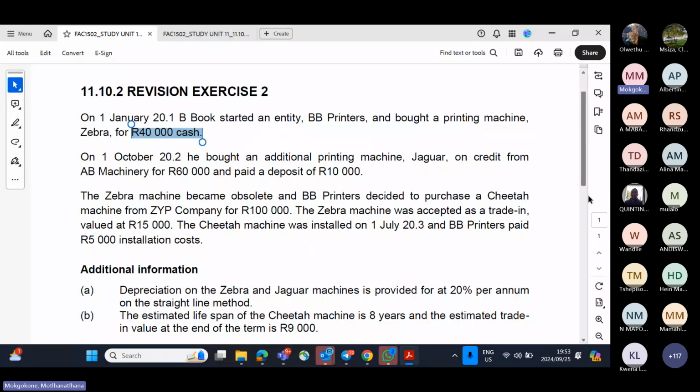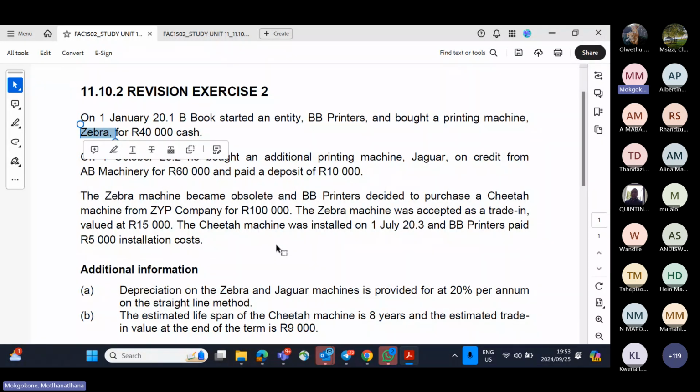Then during the current financial period, we traded in this Zebra machine for 15,000. But we bought the Zebra machine for 40,000. Now we are calculating depreciation for the current financial period.